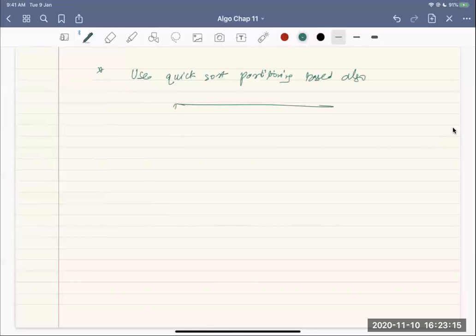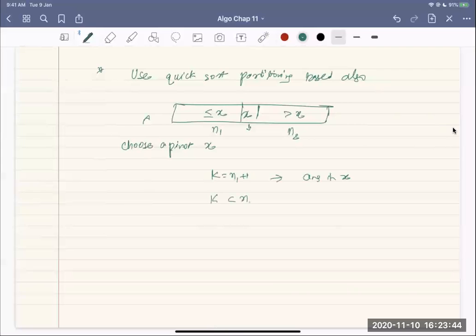That is, take an array A, choose a pivot X, and based on X you partition, and then you see the two sizes n1, n2. If k is equal to n1 plus 1, the answer is X. If k is less than n1 plus 1, you recursively go to the left, or if it is greater than n1 plus 1, you go to the right.